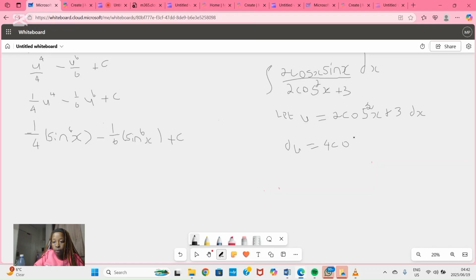Then we're going to subtract 1 from the exponent, then we'll have cos x. And the positive 3 is a constant, so it's going to be 0. Differentiating cos x, we'll have negative sine x dx.